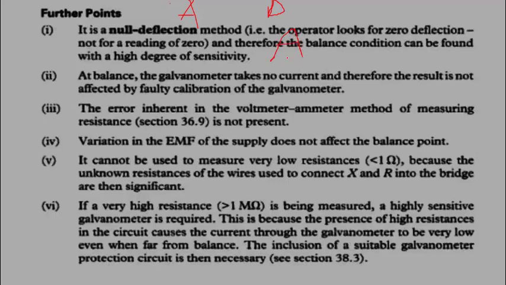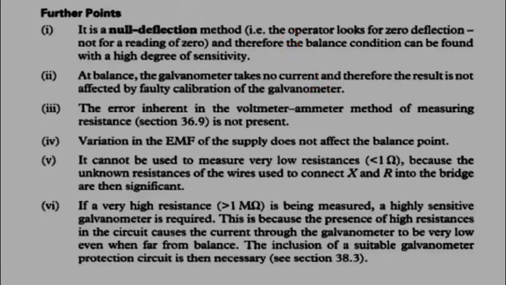Again, at balance the galvanometer takes no current and therefore the result is not affected by faulty calibration of the galvanometer. Kwamba hata galvanometer ikiwa calibrated vibaya, our interest sio kusoma value ya current kwenye galvanometer. Our interest ni kwamba haijafanya deflection.